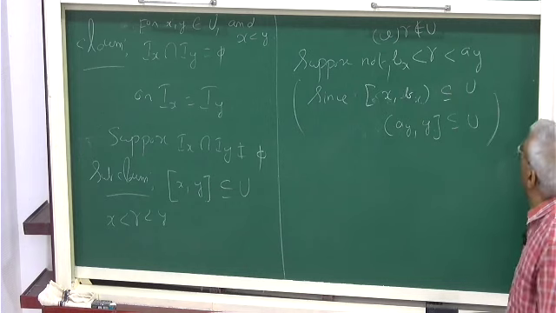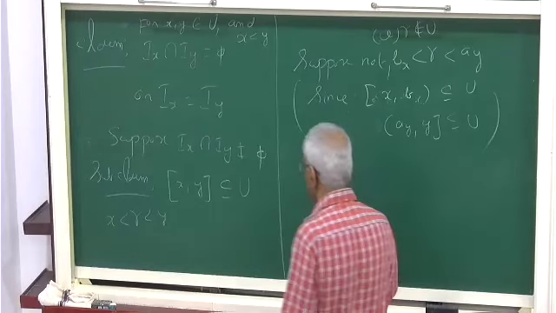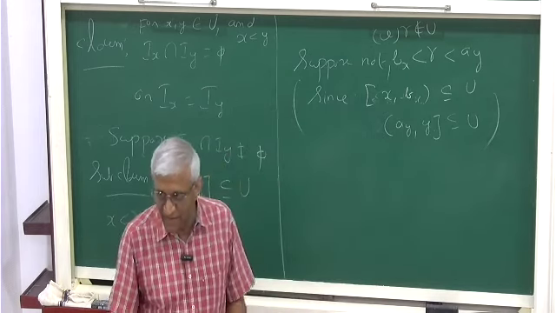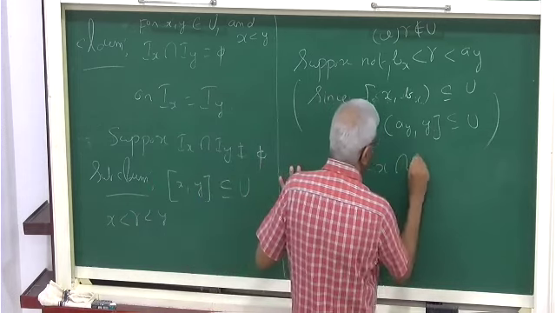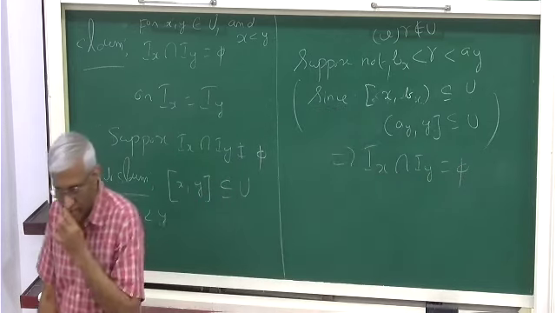Then what is the contradiction? That means they don't intersect. That's all. This implies I_x intersection I_y is empty, which is not true, since we assumed otherwise.